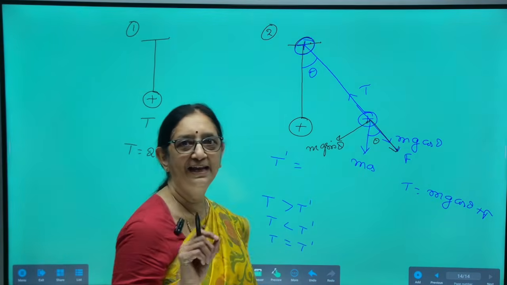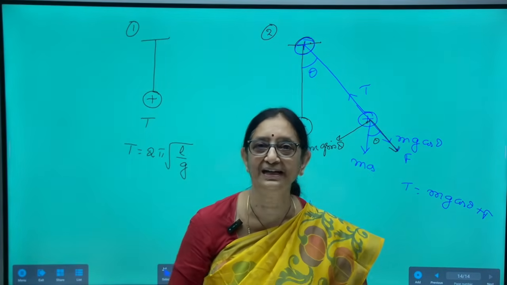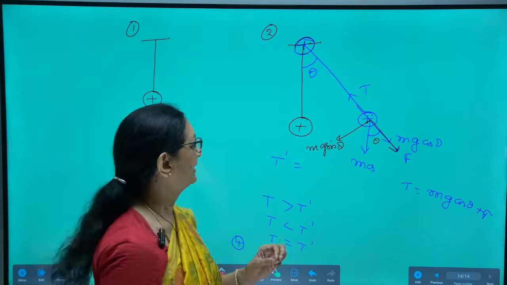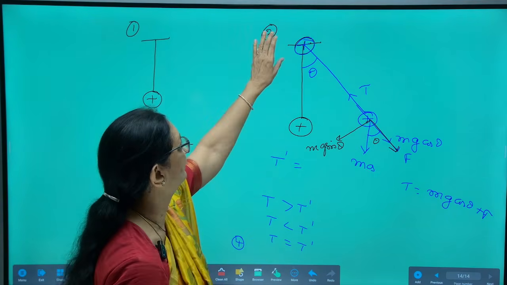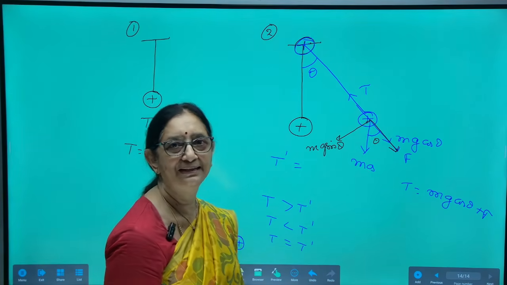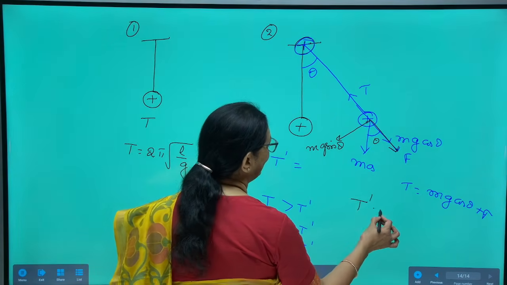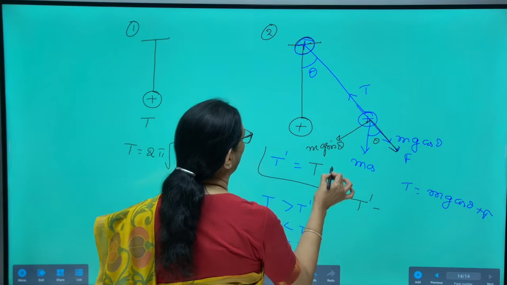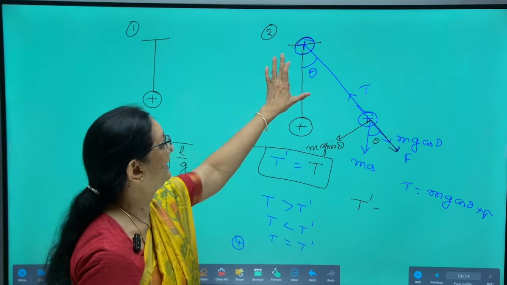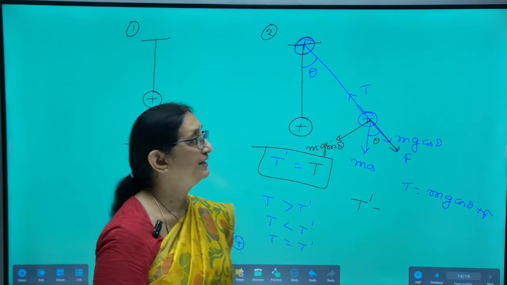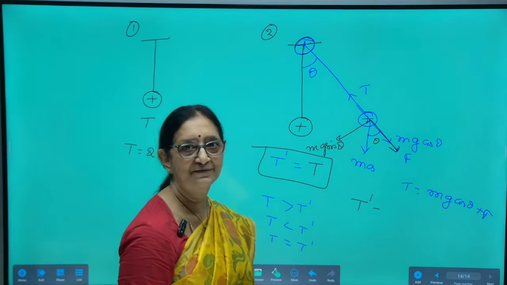Hence, the electric force does not contribute anything to the restoring force. So there is no influence of a charge placed at the point of support. The correct answer is T dash is equal to T. It is independent of the nature and magnitude of the charge placed at the point of support.